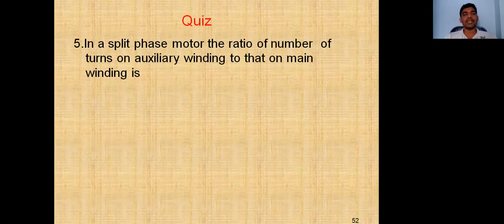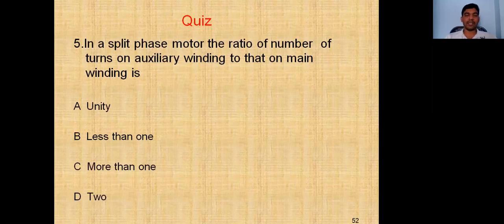In a split phase motor, the ratio of number of turns on auxiliary winding to that on main winding is: option A unity, option B less than unity, option C more than unity.